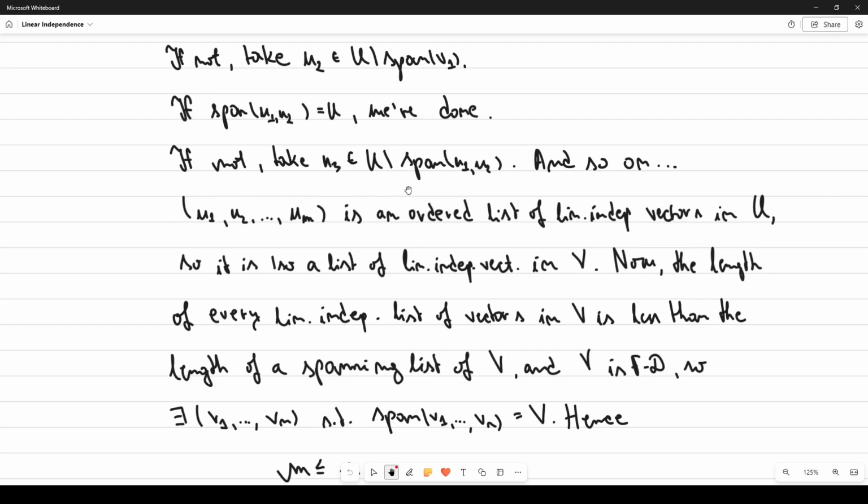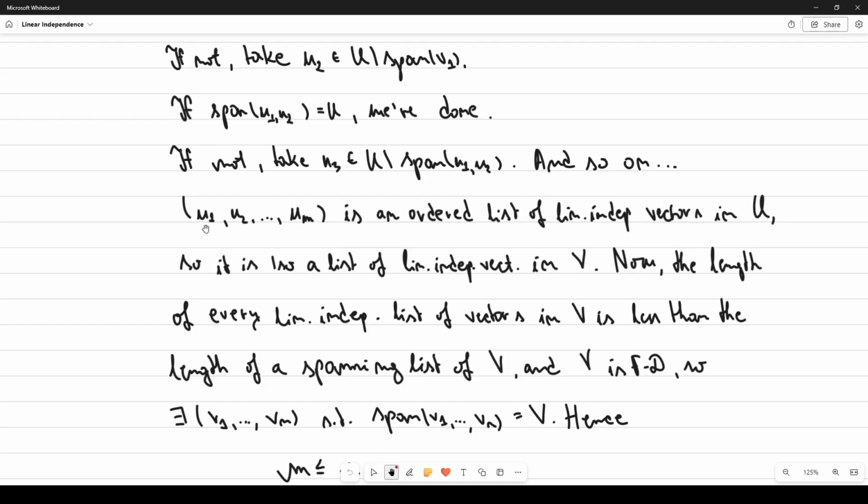So when we pick up new u's and form our new lists, we always have an ordered list of linearly independent vectors in U. And now previously we've shown that every ordered list of linearly independent vectors has length less than or equal to that of some spanning list of the vector space.